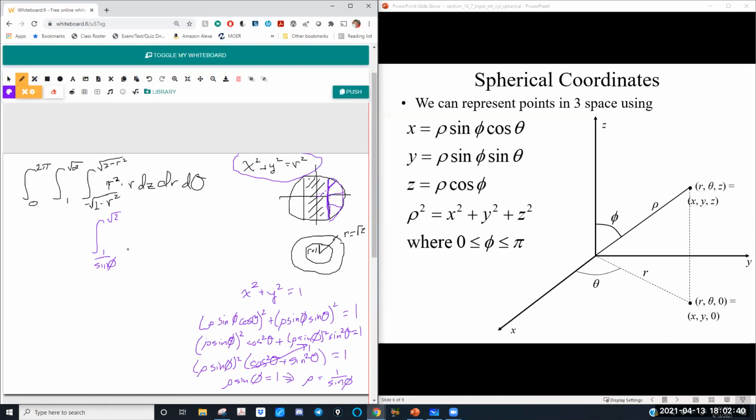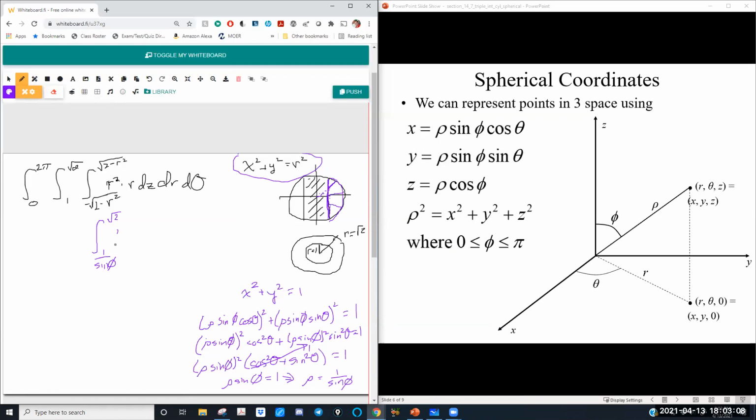Now, we're doing rho first. We also, while we're at it, need to convert our function into spherical. Now, I'm not going to do this over again. Remember, our function was x squared plus y squared. So right now, let's just focus on the left-hand side of the equation. X squared plus y squared simplified down to (rho sine phi) squared.